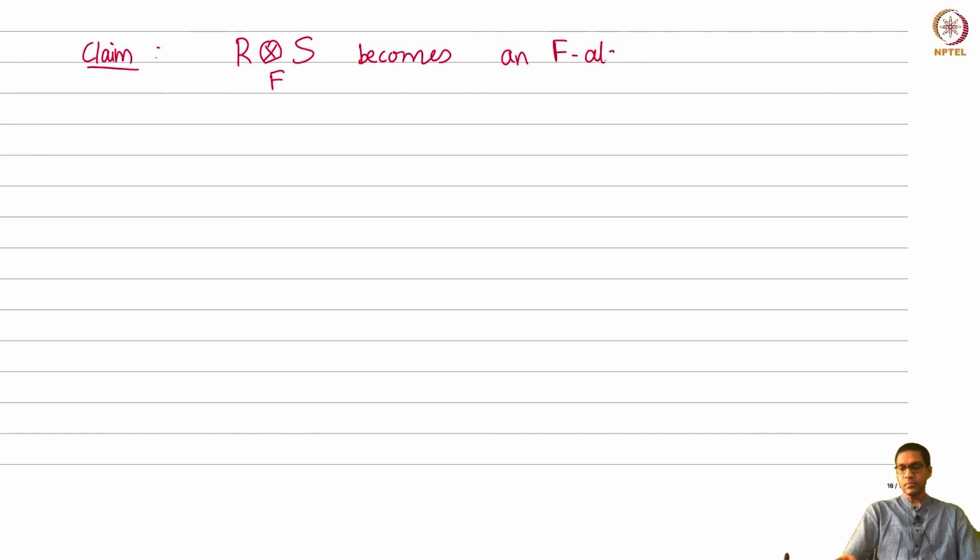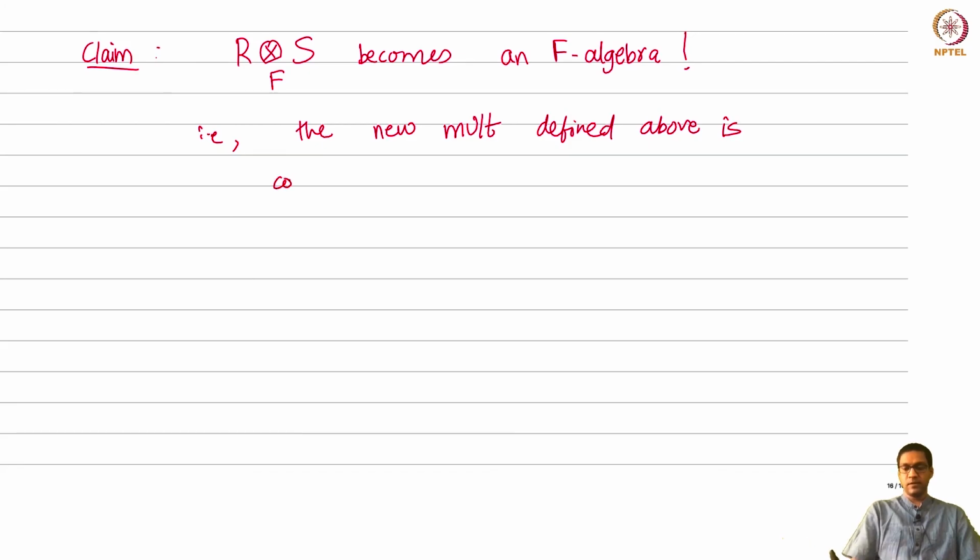Okay, in other words, the new multiplication that we just defined above is compatible, so that third compatibility axiom is true, with the scalar multiplication. Okay, so I am going to leave this also as an exercise.